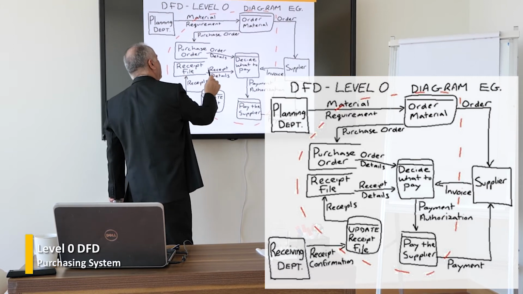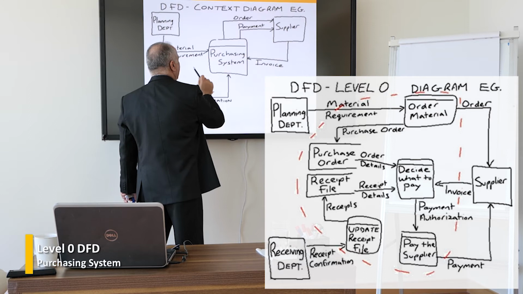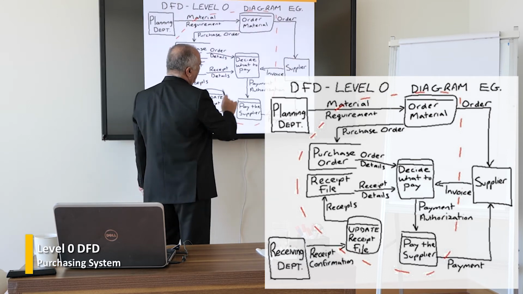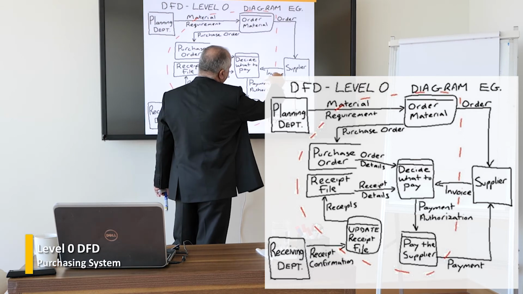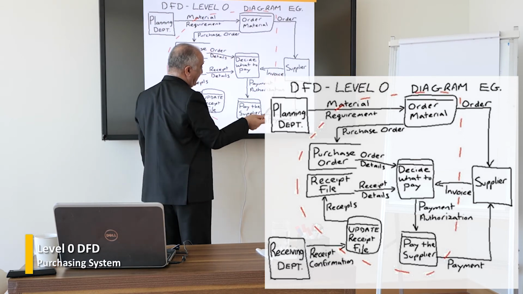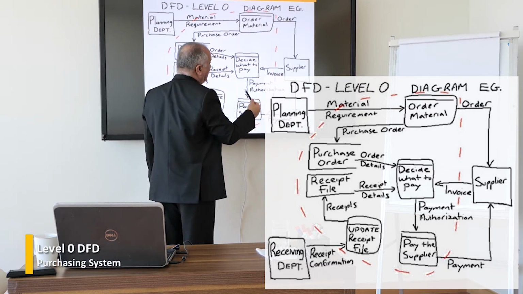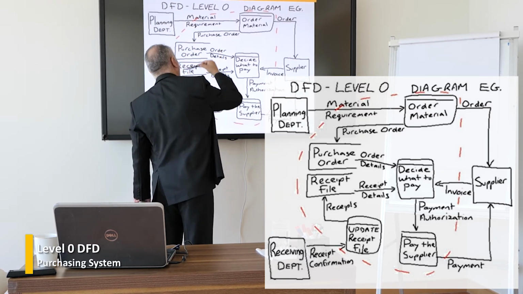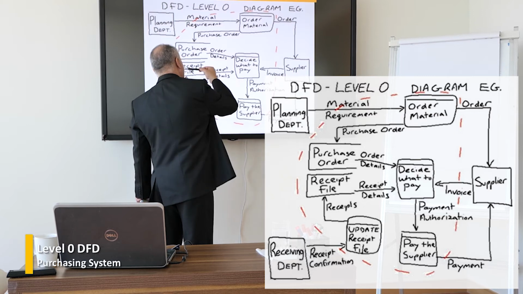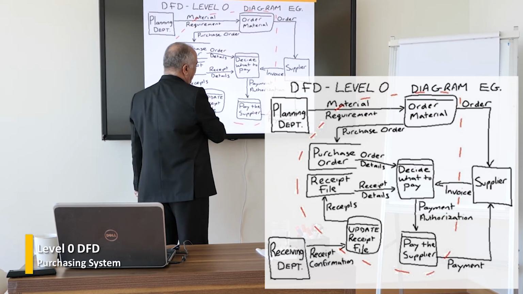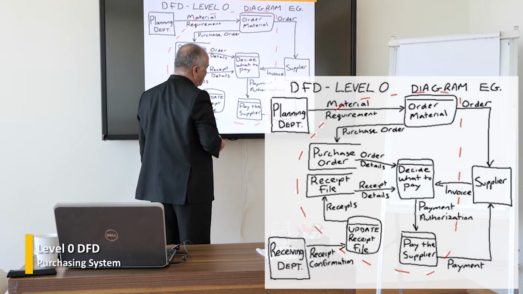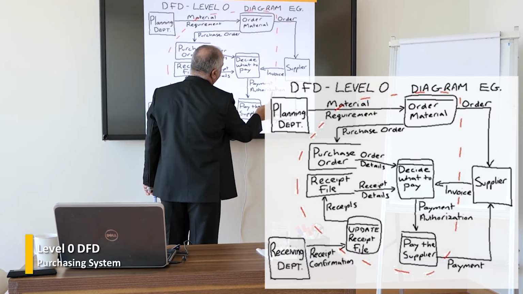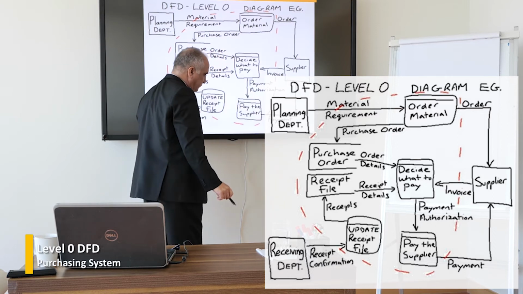Yes, we need to access what we call the received data file. Upon reconciliation, verifying that you really delivered what you are invoicing, from the order details and the receiving items, we will authorize payment.